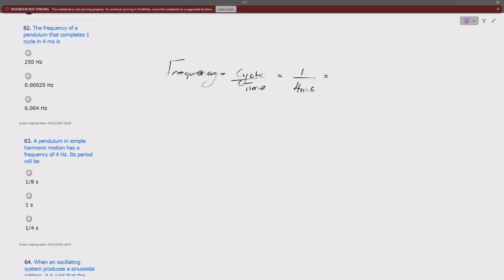That will give you 1/4 times 10 to the power minus 3 seconds. Alright, 10 to the minus 3 can be written as 1000 divided by 4, which is going to give you 250 hertz.